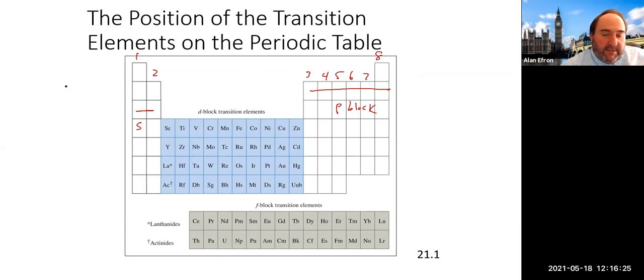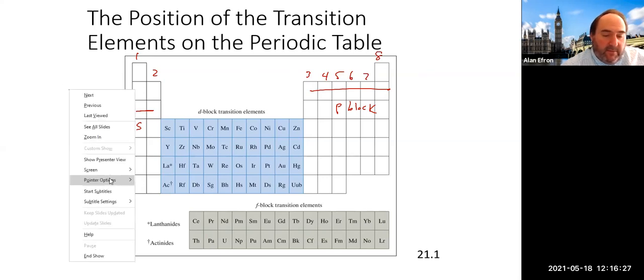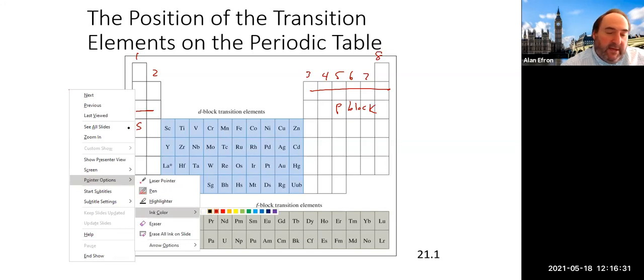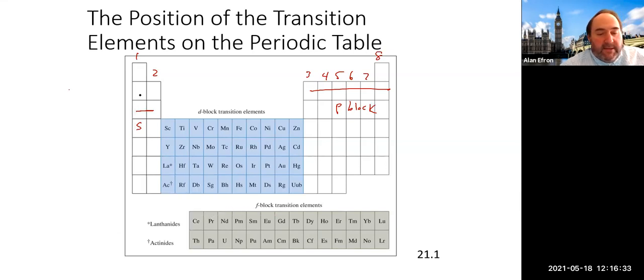What does S block, D block, and P block really represent? If you know what you're doing, you can count off electron configuration. S orbitals can hold a maximum of 2 electrons, like 1 and 2. P orbitals can hold a maximum of 6 electrons, like 1, 2, 3, 4, 5, and 6.